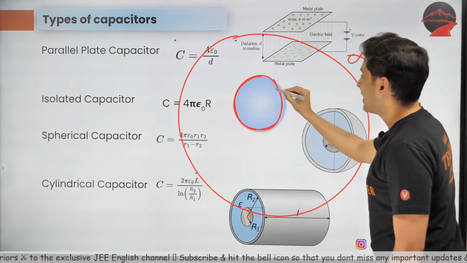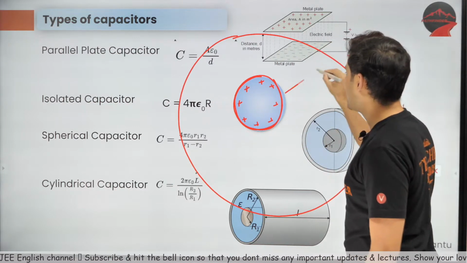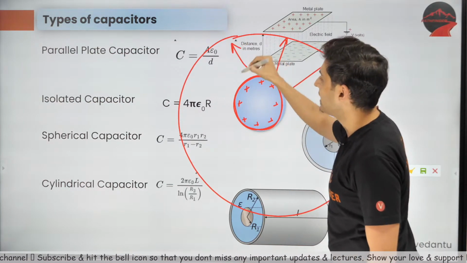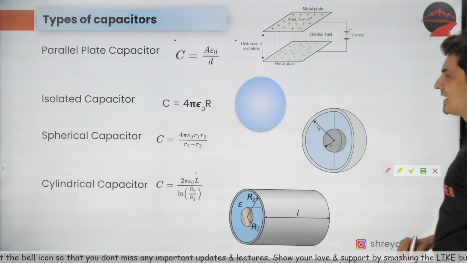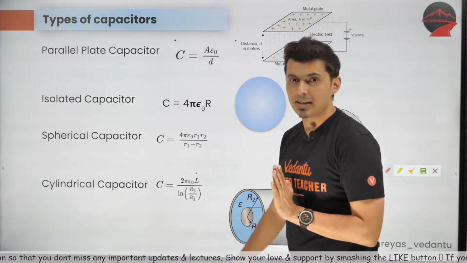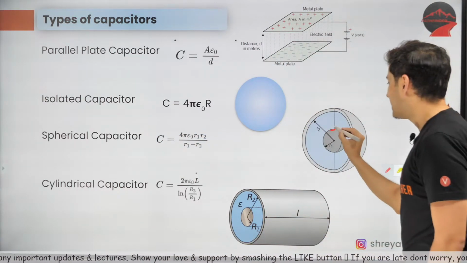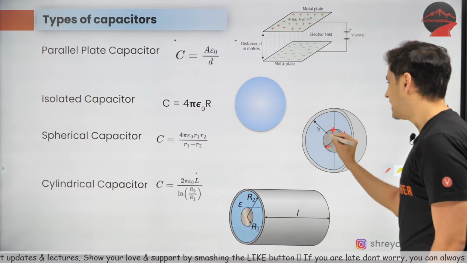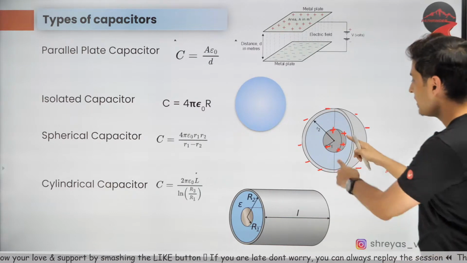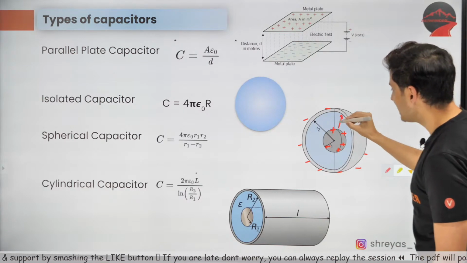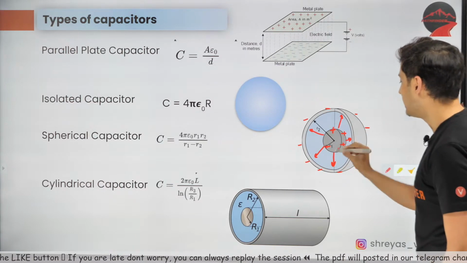If this sphere is charged, the field lines go till infinity. This is very similar to a spherical capacitor. In a spherical capacitor, you have, let's say, positive charges inside and negative charges outside. So there are two shells, radius R1 and radius R2. You will see field between the two shells.